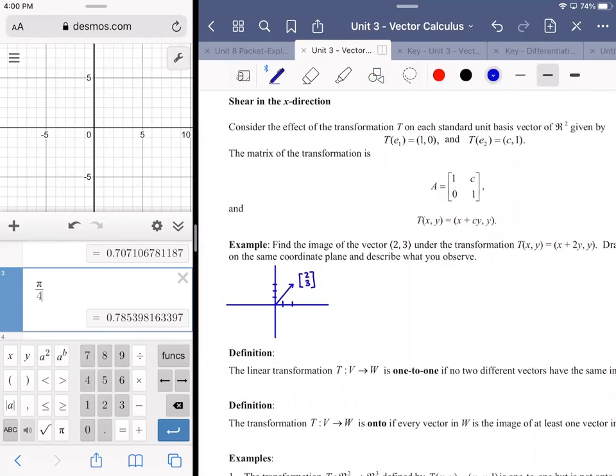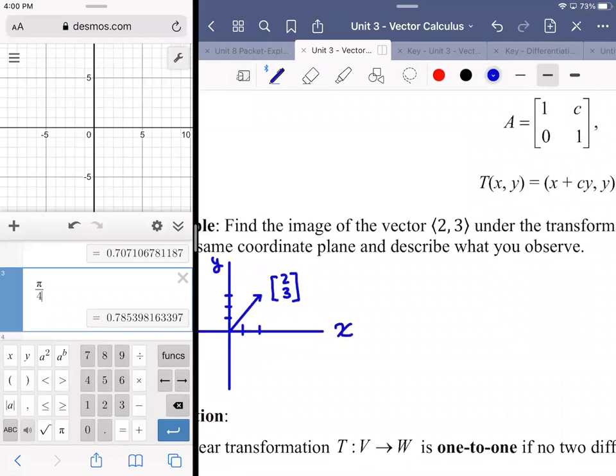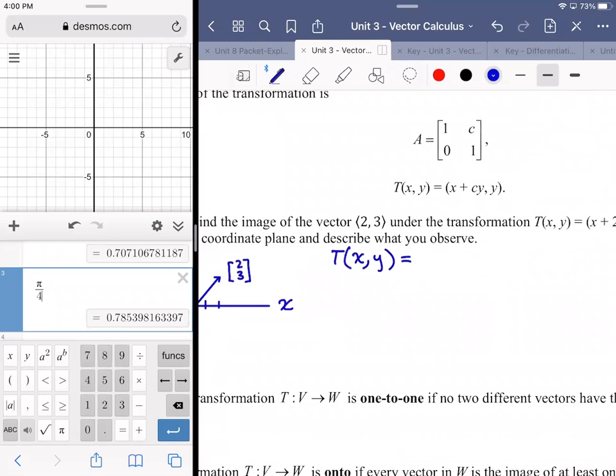So we're taking that under the transformation where our vector is going to get the y value doubled and added to the x value. All right, so let's take a look and see what happens there. T of (x, y), again, is equal to (x + 2y, y).